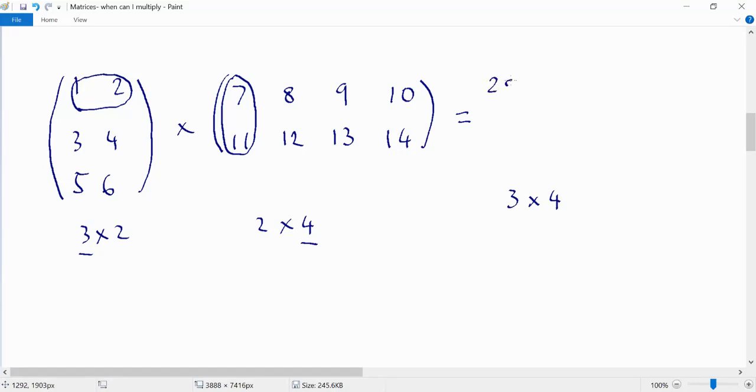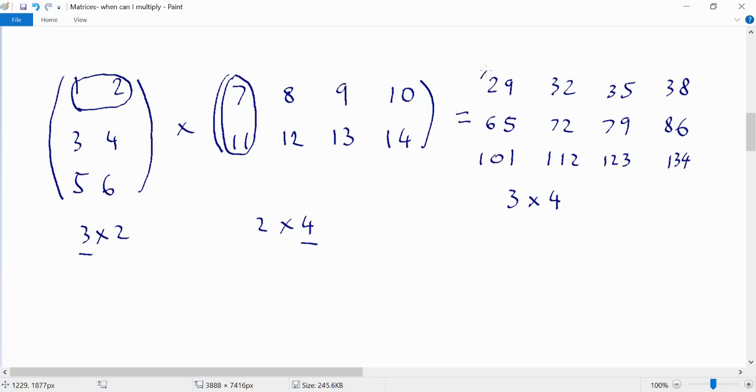The answer would end up being this. That is the answer we get if we multiply those two matrices together.